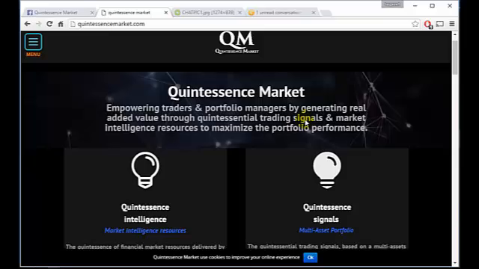They also cover equity indices like the S&P 500 and Nikkei, mostly the major world indices, and also gold, which we covered here, oil, and silver. That's what their focus is on.